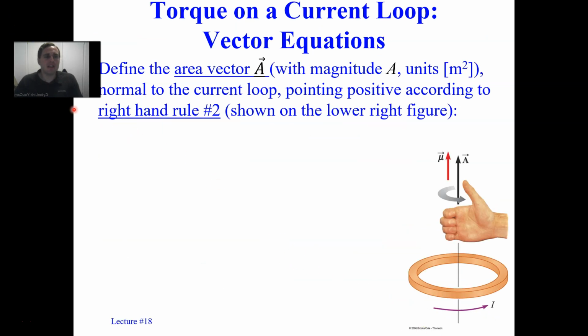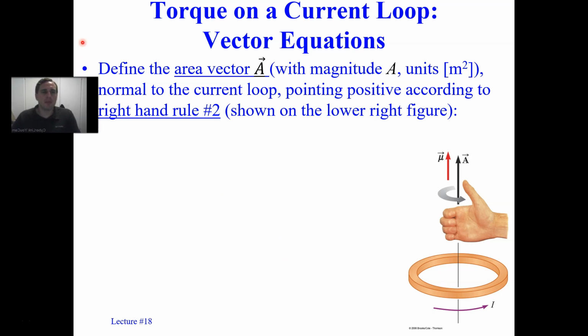So define this area vector for these loops, and it has magnitude of A, the magnitude of the area itself, which is units of meters squared. And it's always normal, which is to say perpendicular to the current loop, pointing in the positive direction according to right-hand rule 2.